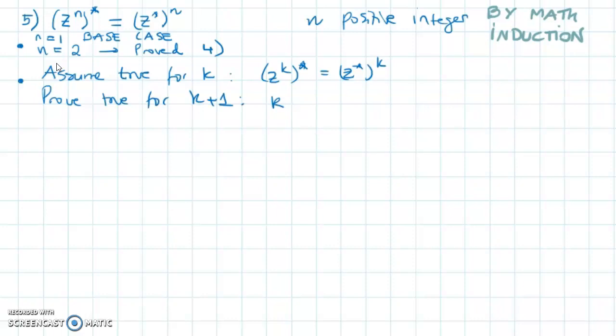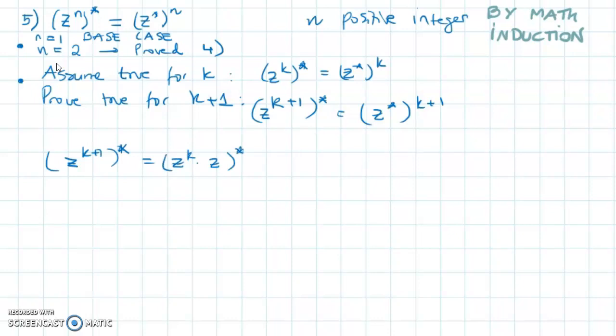So we want to say that the conjugate of z to the power of k plus 1 is the same as z conjugate to the power of k plus 1. So let's start with the conjugate of z to the power of k plus 1. This is z to the power of k multiplied by z, and this is the conjugate we want to find.